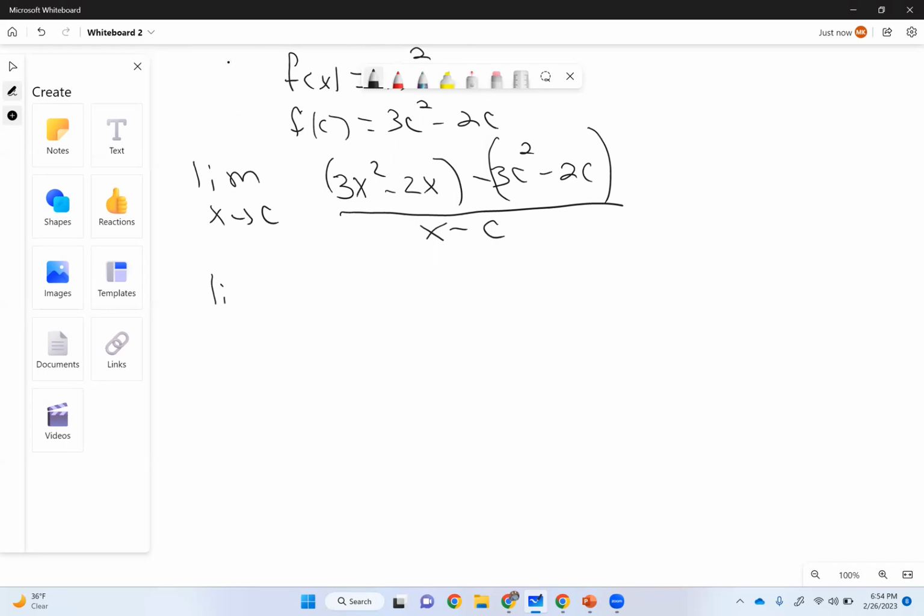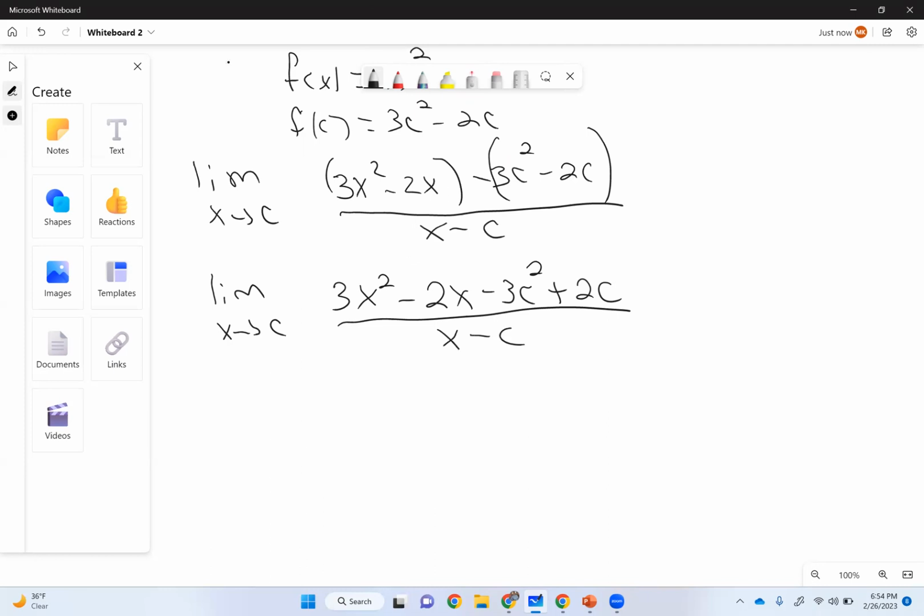Okay, let's do some distributing. So we would have 3x squared minus 2x minus 3c squared plus 2c, over x minus c, and it'll be the limit as x approaches C. Now, watch this.